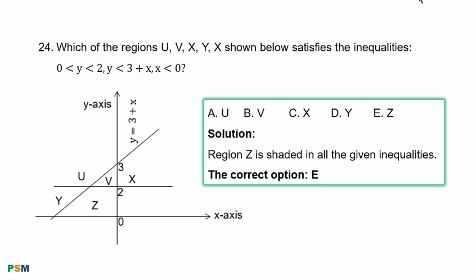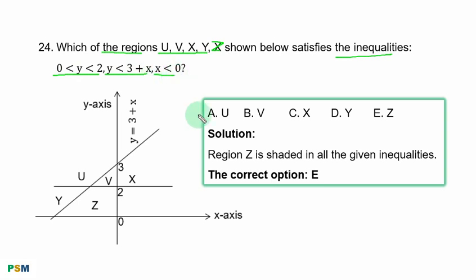Question 24. Which of the regions U, V, S, Y, Z shown below satisfies the inequalities 0 less than y less than 2, y less than 3 plus s less than 0?